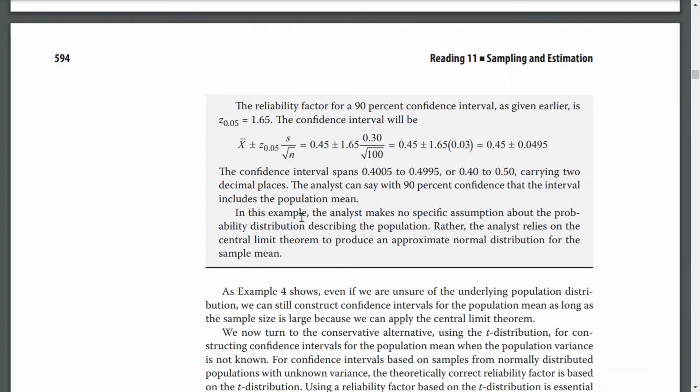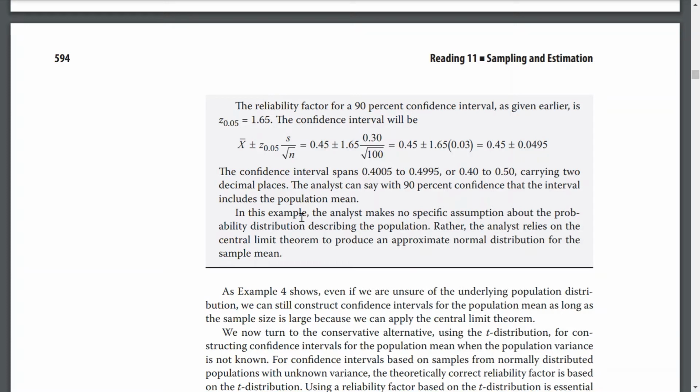The confidence interval spans 0.4005 to 0.4995, or 0.4 and 0.5, carrying 2 decimal places. The analyst can say with 90% confidence that the interval includes the population mean.